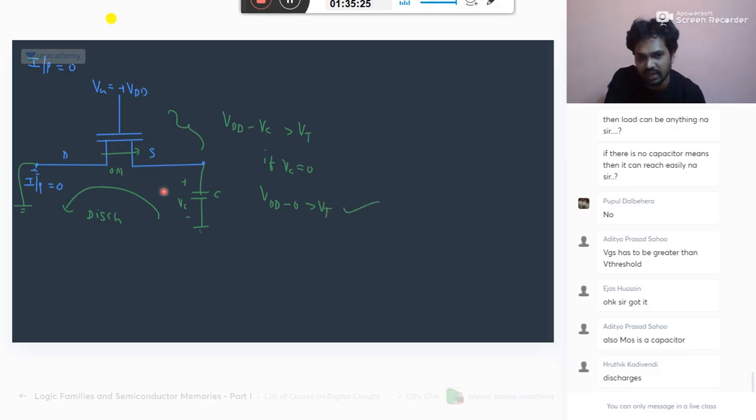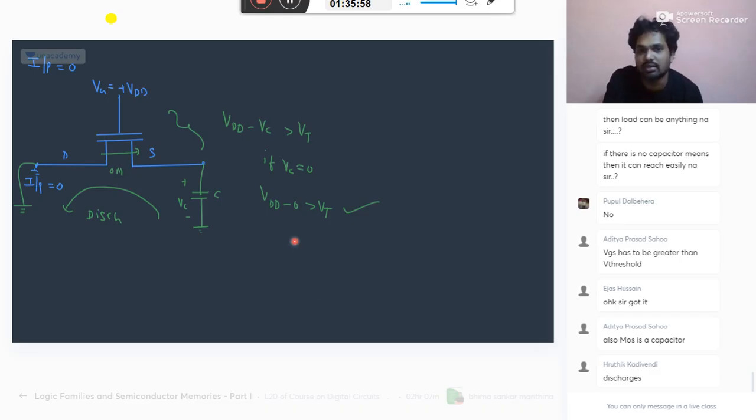Even if it is fully discharged, still you will get it is on. That is, it can transfer 0. If it is already having 1, it will discharge. If it already has 0, no problem. It will stay at 0 only because this 0 is connected here. You can make this node voltage 0, no problem, because even when it is 0, gate minus source is more positive than threshold. So still it will be in on condition.